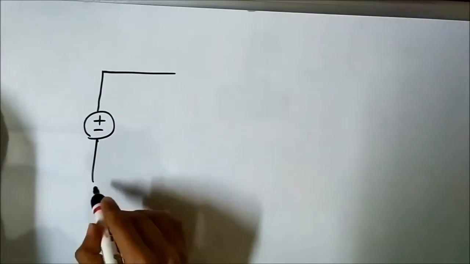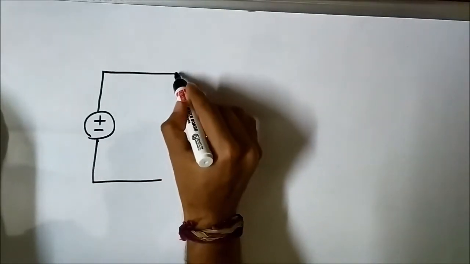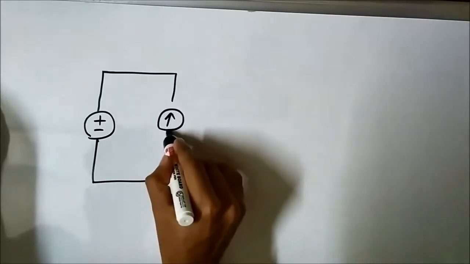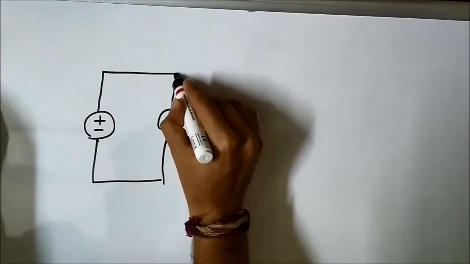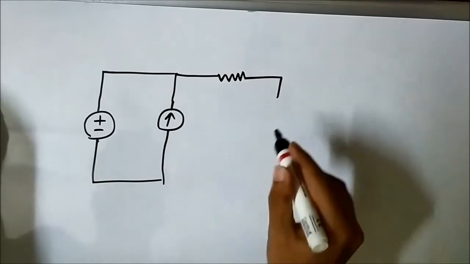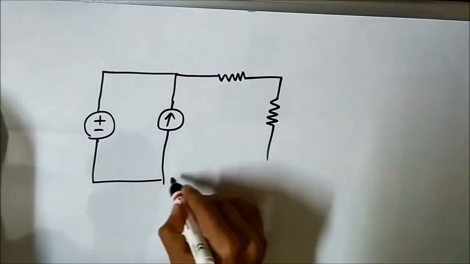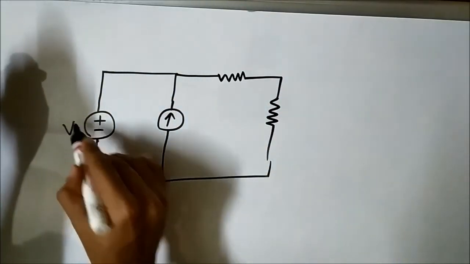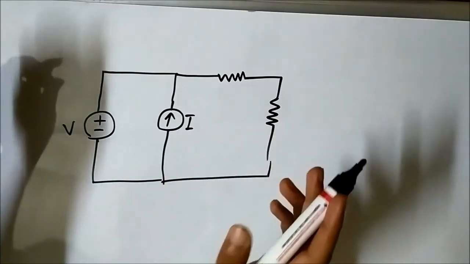Let us draw a circuit, with a voltage source. This is just a random circuit I am drawing, just to make you understand the concept about nodes.